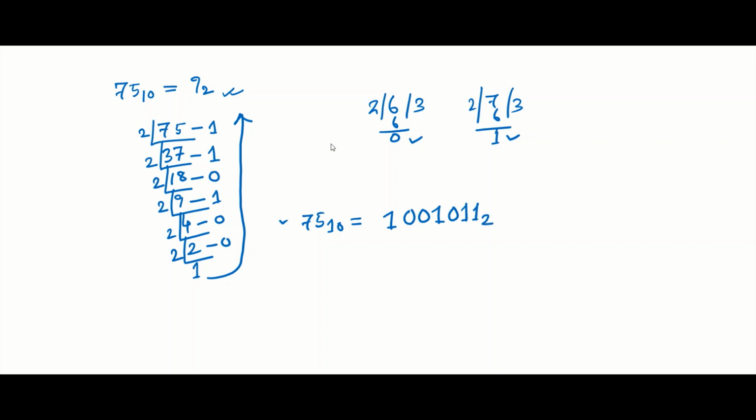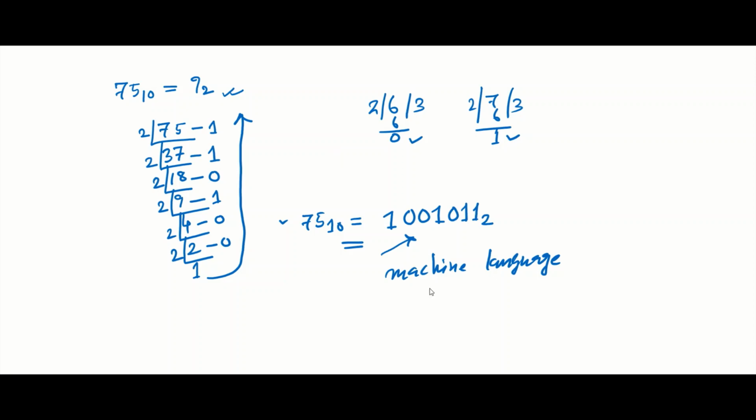Normally your computer follows this approach to store any decimal number in computer memory. First of all, it is converted to binary because the machine understands this. So this binary coding system is also called machine language. I hope you understand how we converted this number into binary.